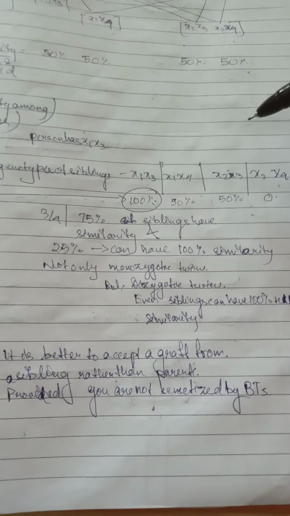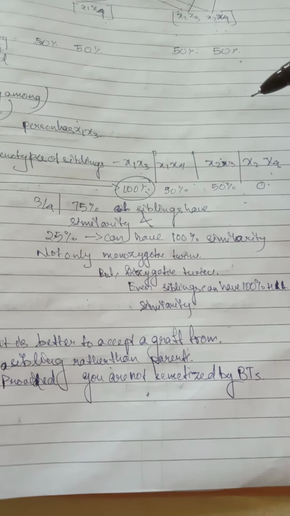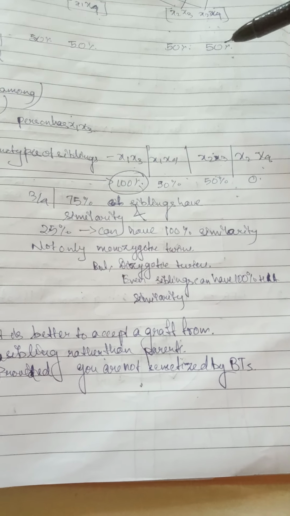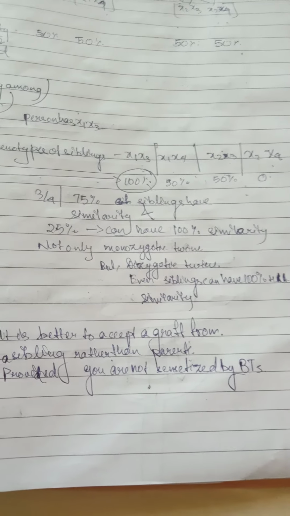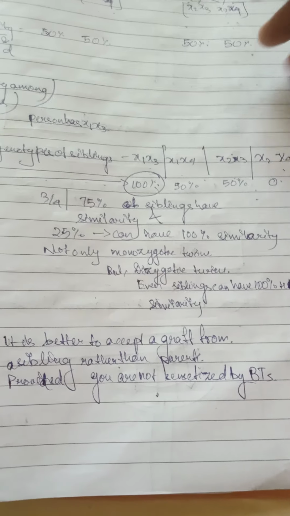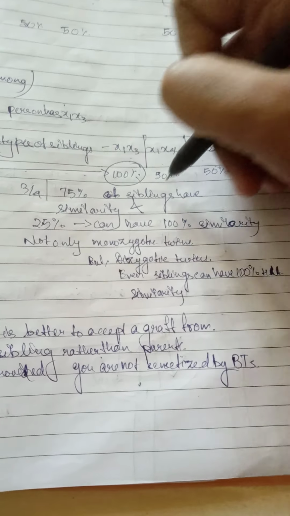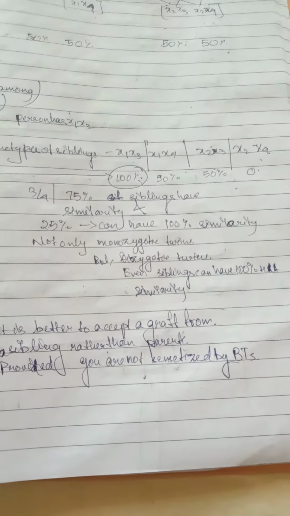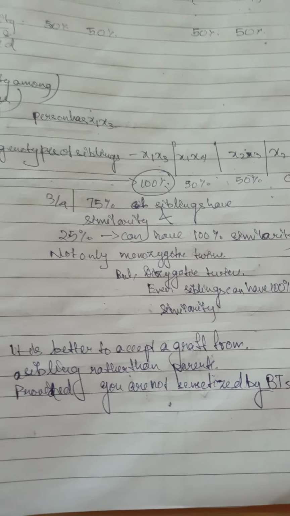So not only monozygotic twins but dizygotic twins, even siblings can have 100% HLA similarity, and the rest can have 50% similarity with the first individual.